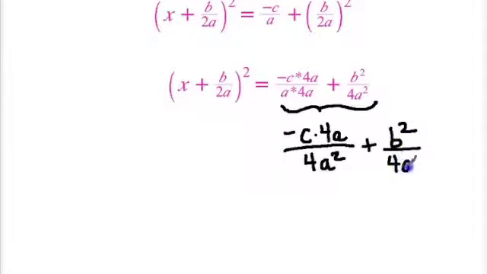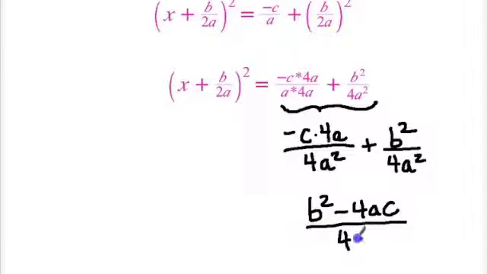It gave us a 4a squared in the denominator, and then b squared over 4a squared we won't change. So we have the common denominator, 4a squared. So we can make that one fraction, b squared minus 4ac, all over 4a squared. Remembering that that negative c times 4a became negative 4ac, and we rewrote with b squared up front, b squared minus 4ac all over 4a squared.